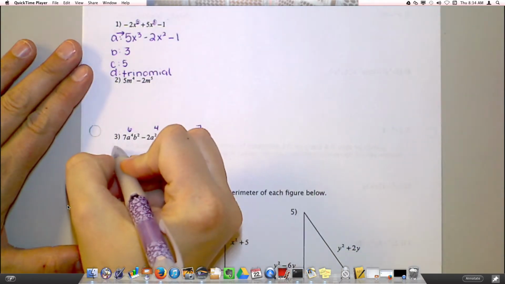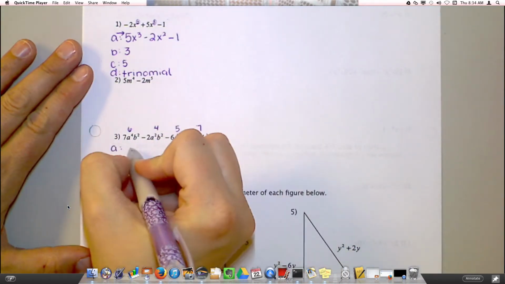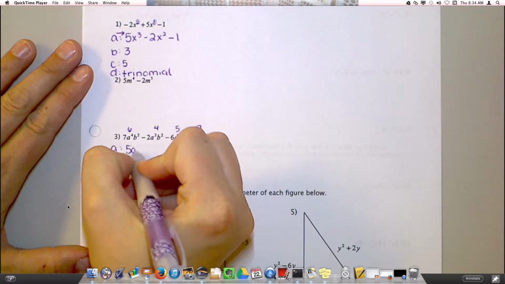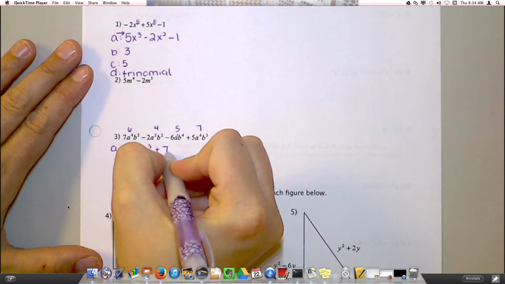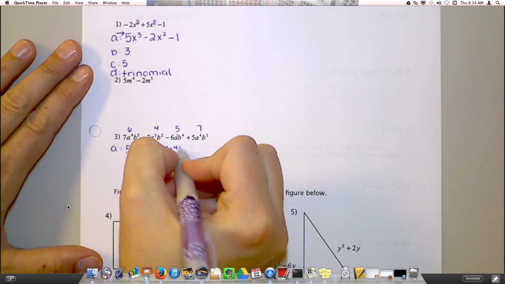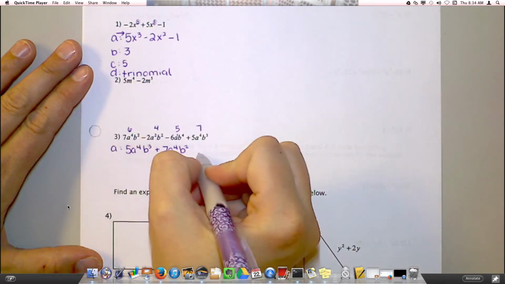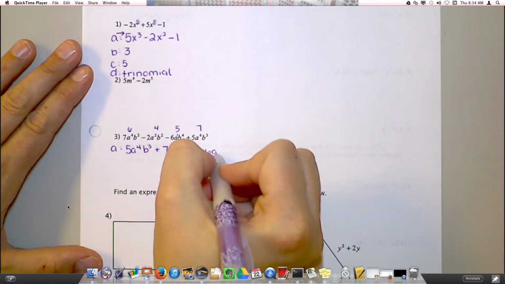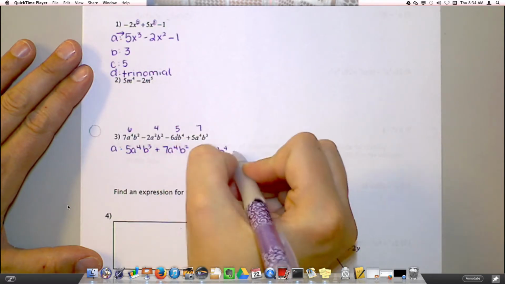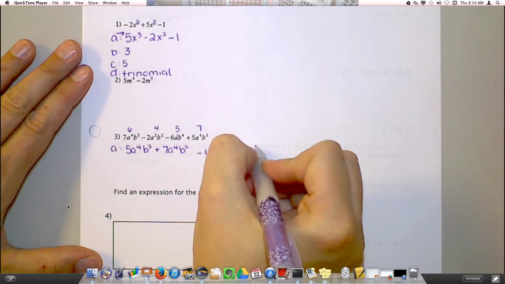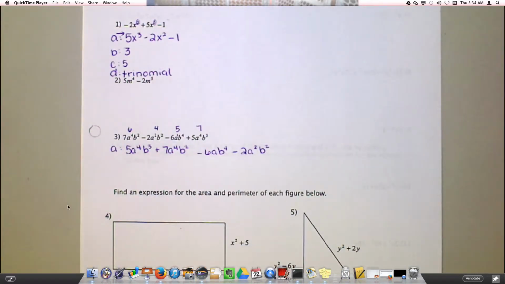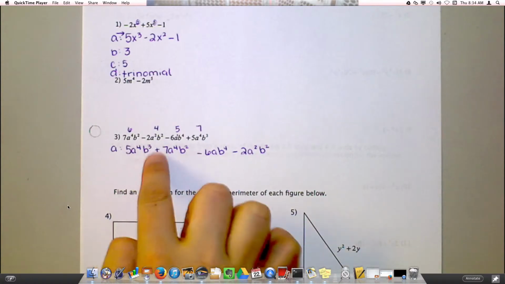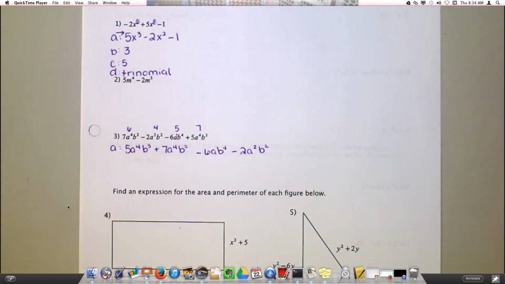So like this one I would say is 5a to the 4th b to the 3rd, plus 7a to the 4th b squared, minus 6ab to the 4th, and then minus 2a squared b squared. Okay. We talked about standard form before we talked about the thing about adding the exponents together in that term, so that's why that might not sink in with you.